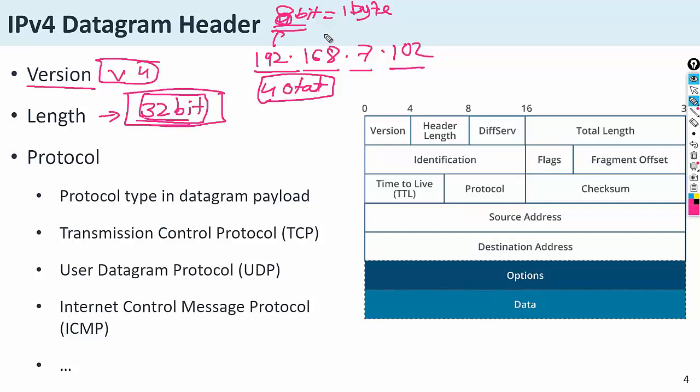So 8-bit is like 8 zeros: 1, 2, 3, 4, 5, 6, 7, 8 bits. All of you know about the bit?